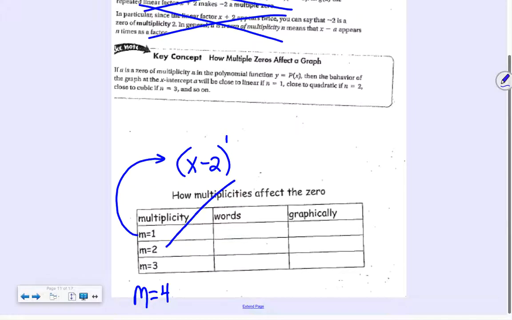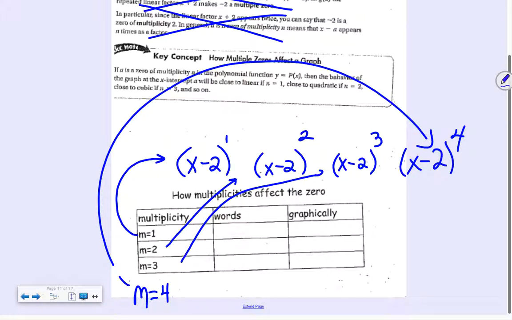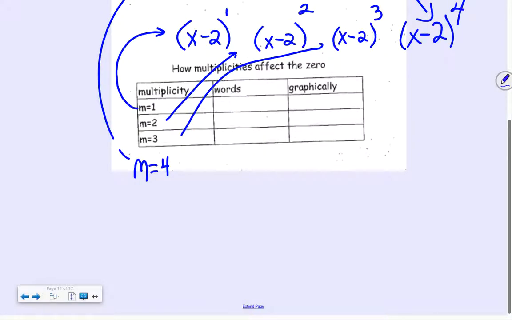Multiplicity of 2 means x minus 2 to the what? Second. Multiplicity of 3, x minus 2 what? Cube. 4, x minus 2 what? Okay, there you go, that's what it means. You just look at the exponent outside the factor. That's all it means.